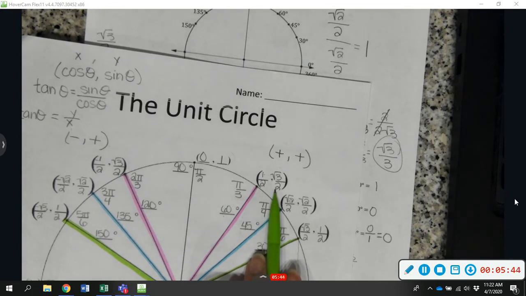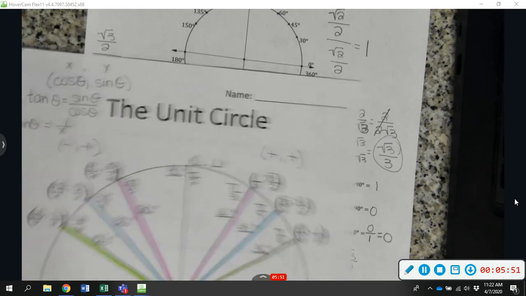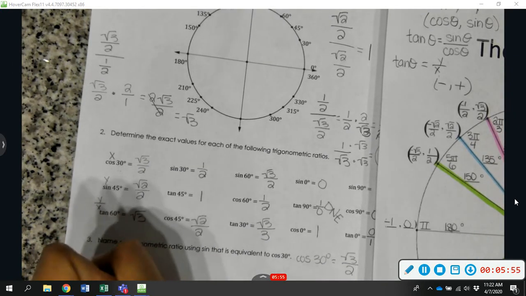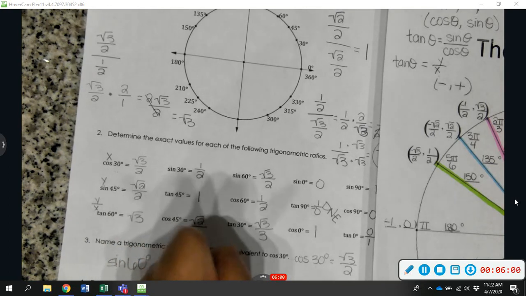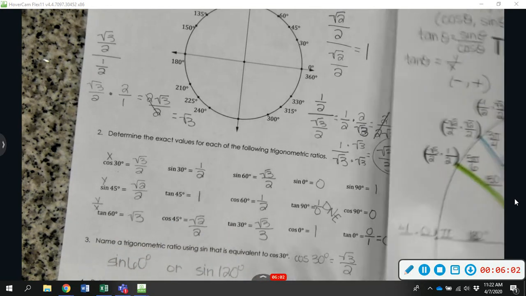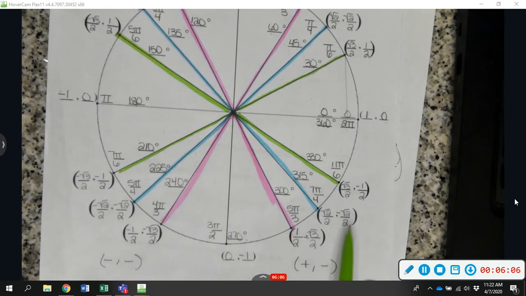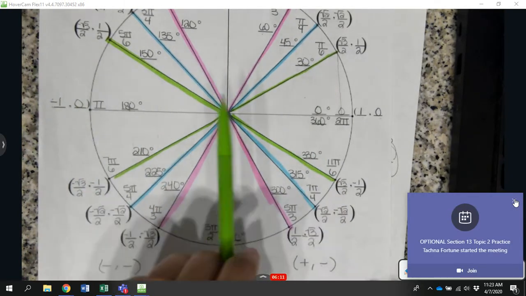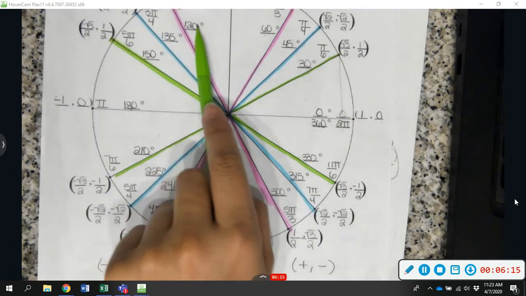That gives me rad 3 over 2. I could say sine of 120. So you either have sine of 60 degrees or sine of 120 degrees. Those would be the only two that work, because if we come down here, all of my y values are going to be negative. So therefore, it would not work. So only sine of 60 and sine of 120.